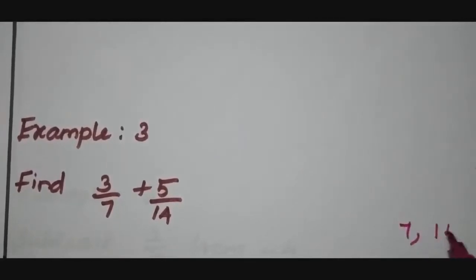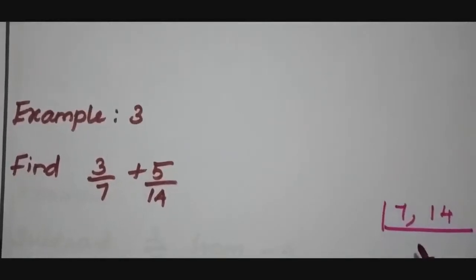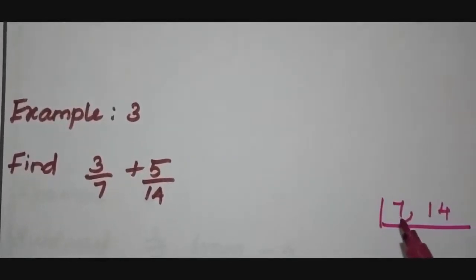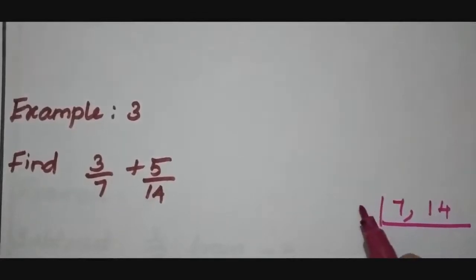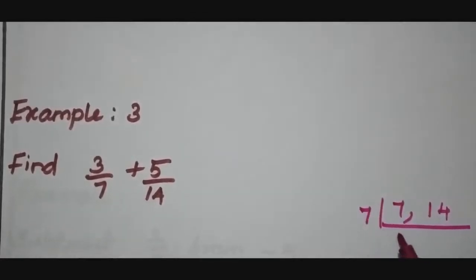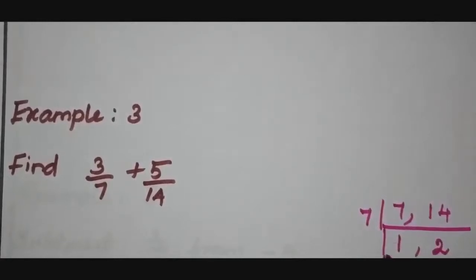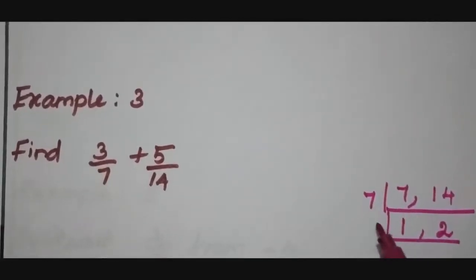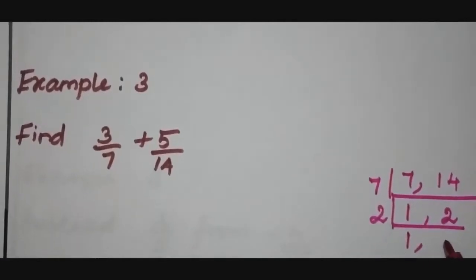LCM of 7, 14. As you know very well, these are the answers of 7 table. 1 7 is 7, 2 7s are 14. Again do with the 2 tables. 1 2 is 2.